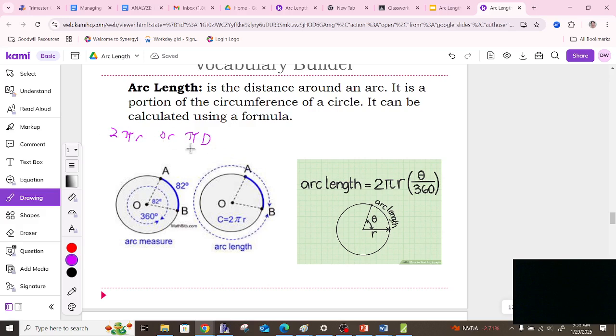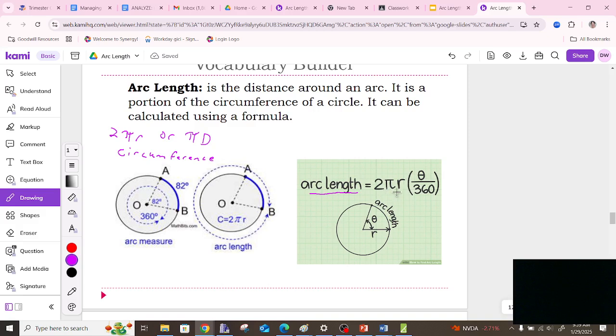Okay, so either one of these could be used for the circumference, right?